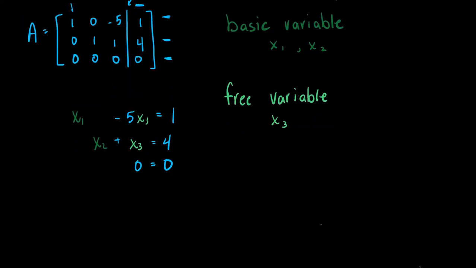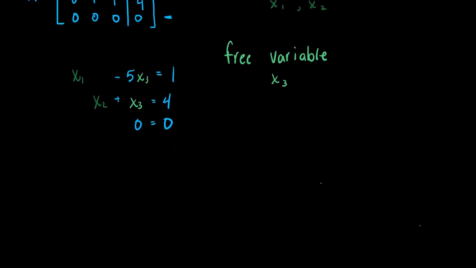To show you this, let me simplify these equations in terms of x1 and x2. For the first equation, to get x1 by itself, I would add 5x3 to the right side, which cancels the negative 5x3, so x1 equals 1 plus 5x3.